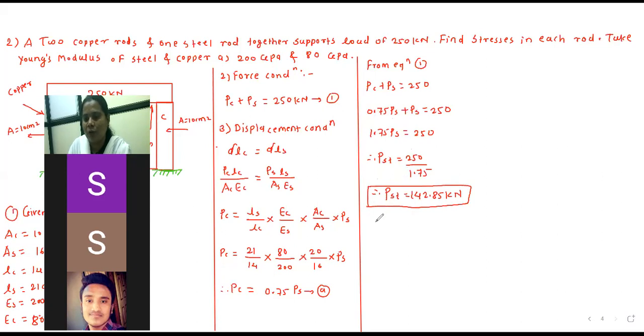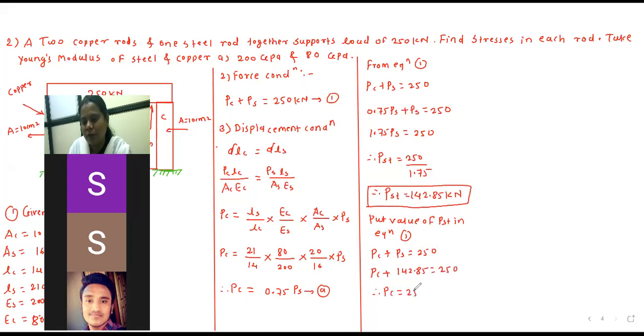Now we will find out for the copper rod. We will put the value of PS in equation 1. So equation 1 is PC plus PS is equal to 250. So PC plus 142.85 is equal to 250.